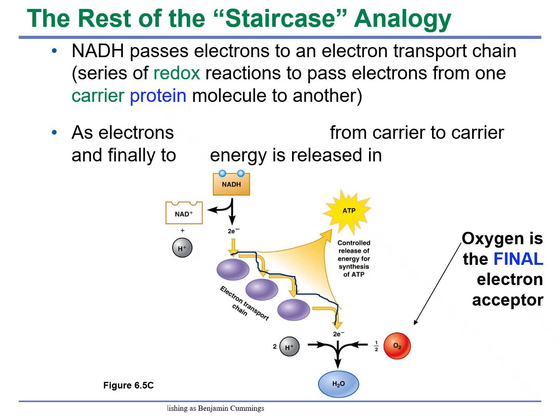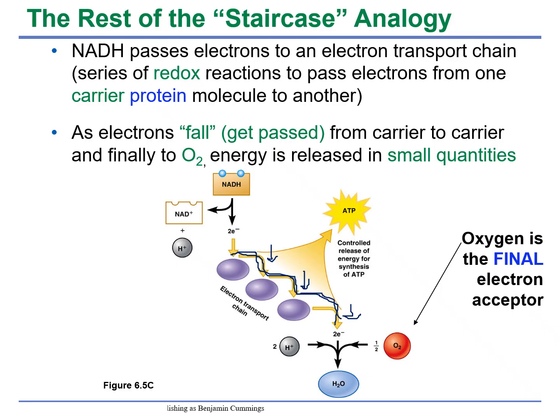As electrons fall, or get passed from carrier to carrier and finally to oxygen, energy is released in small quantities. Here we see the amount of energy decreasing at every fall. That's why this gives kind of a staircase feel to it.